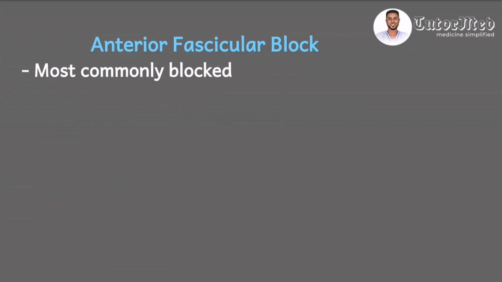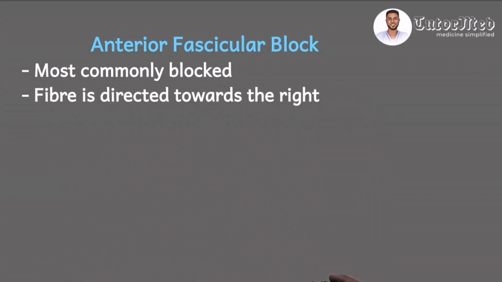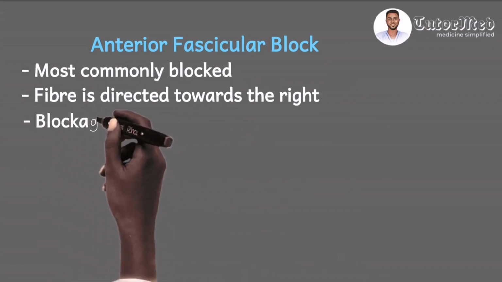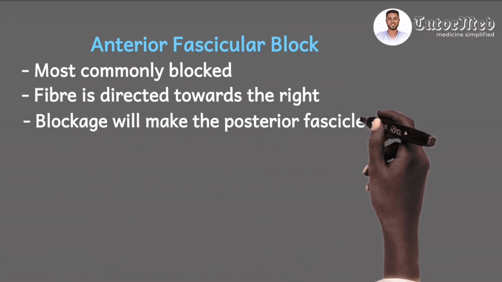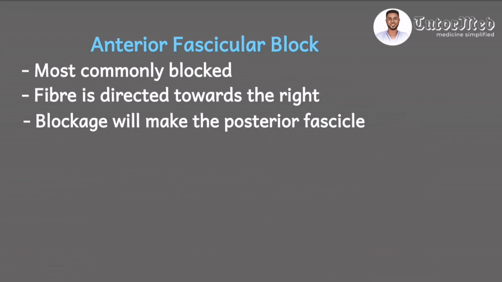And remember the statement we made in the very beginning regarding the direction of the anterior and posterior fascicles? Recall we said that the anterior fascicle is directed towards the right, and the posterior fascicle is directed towards the left. And so, a blockage of the anterior fascicle will make the posterior fascicle dominant, in that the impulses will be directed more leftward because the posterior fascicle is directed to the left.